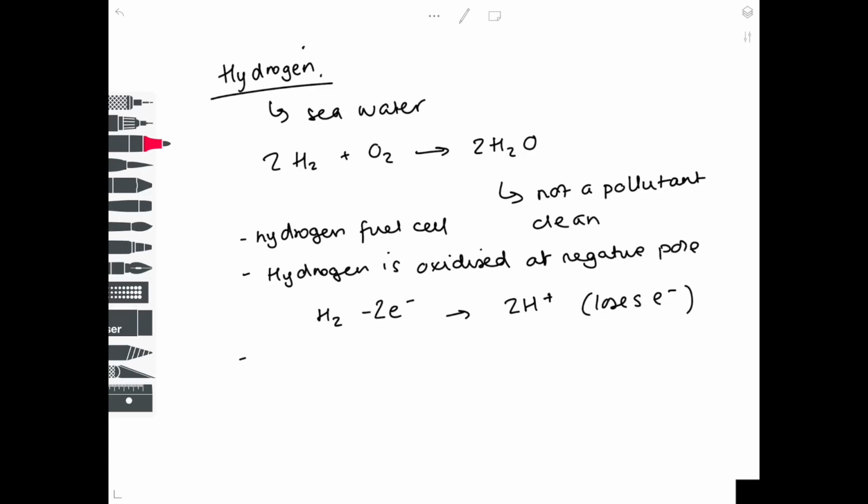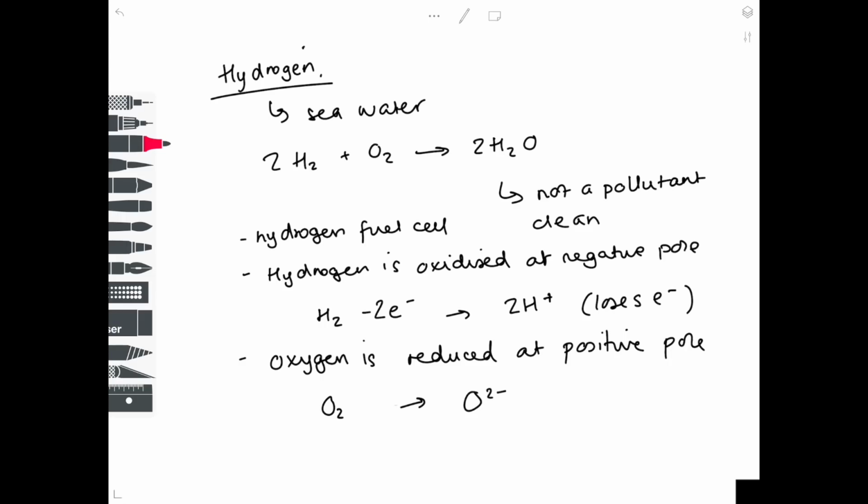And then conversely, you find that oxygen is reduced at the positive pole. So we're going from oxygen gas to the ion, which is O2 minus. It's reduced, which means it needs to gain electrons. And now we need to balance our oxygens. Because oxygen is diatomic, we need a 2 here. It's reduced, which means it gains, and we need a 4e minus there.